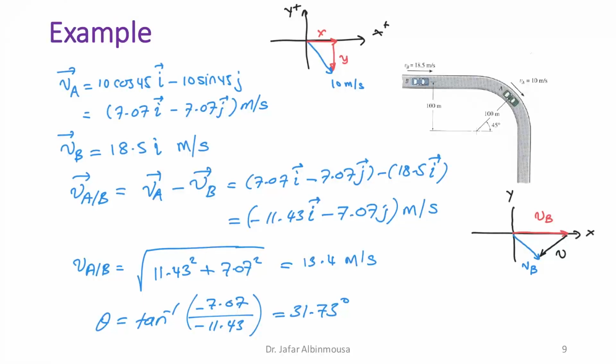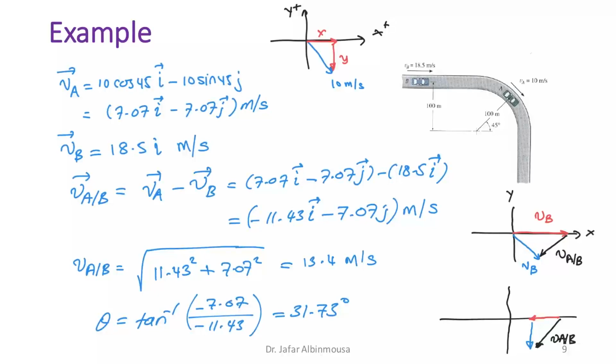Now, the relative vector is going to be this one. This is VA with respect to B. Now, let me draw this again. If I draw this again, and I have VA with respect to B, then this vector is composed of two components, negative x and negative y. Is that right?